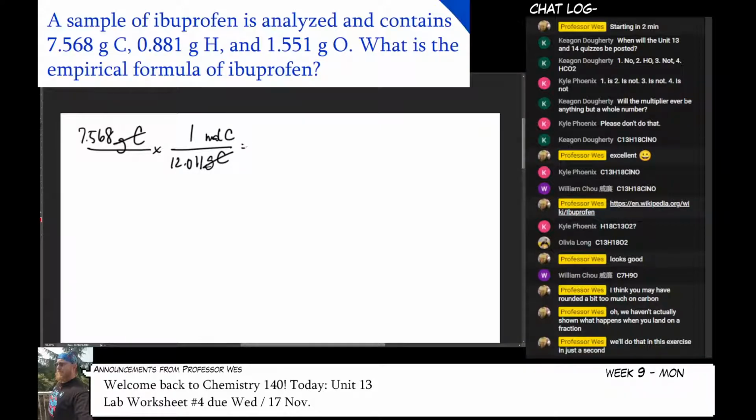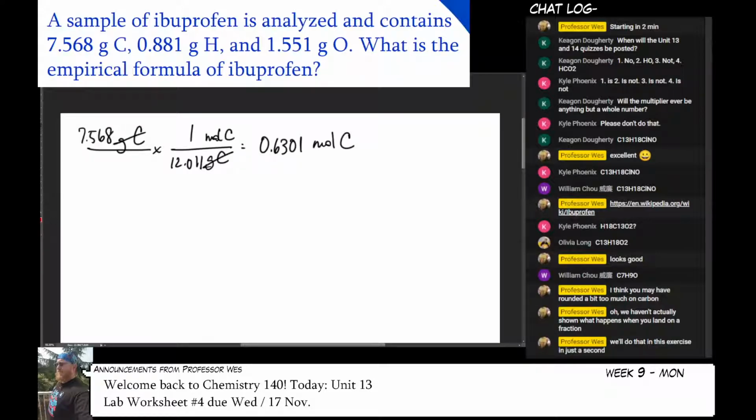We've done that plenty today, so that's fine. I typed the wrong number in, and I got 0.6301 moles of carbon.